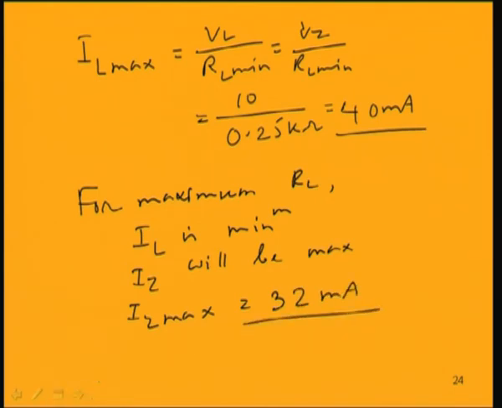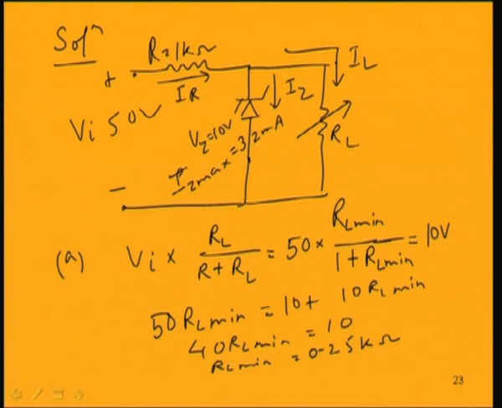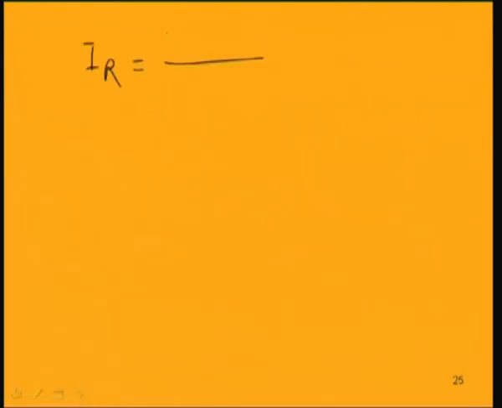So, for that particular IZ max, we can find out what is IL min, because IR is equal to, if we consider this current IR, VI minus VZ by R. So, VI is 50, VZ is 10, R is 1 kilo ohm, that gives you 40 milliampere.